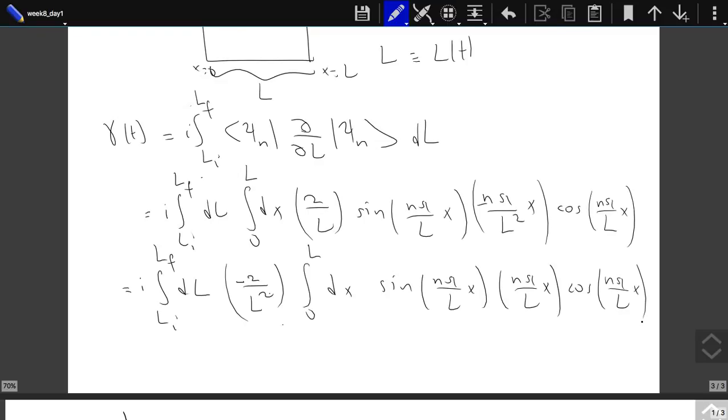I will make a change of variable. I will just say n pi over L x is equal to y, so that x is equal to L over n pi y, and dx is equal to L over n pi dy.